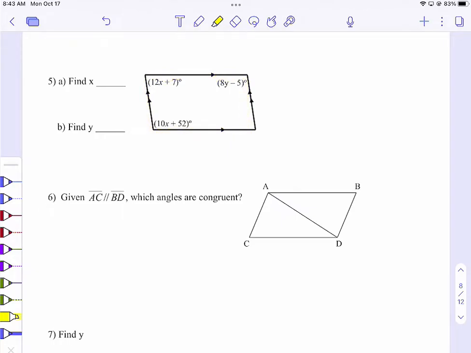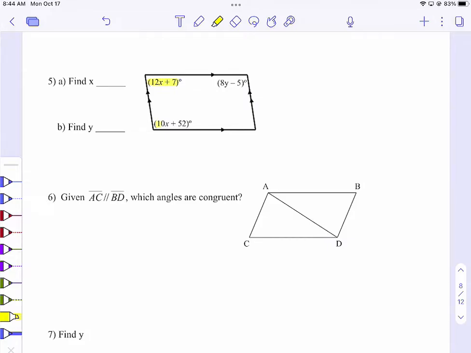So opposite sides are parallel is a parallelogram. When we do parallelograms, we do these same problems all over again. And so if you learn it now, it just makes the parallelograms easier because parallelograms obviously have parallel lines.